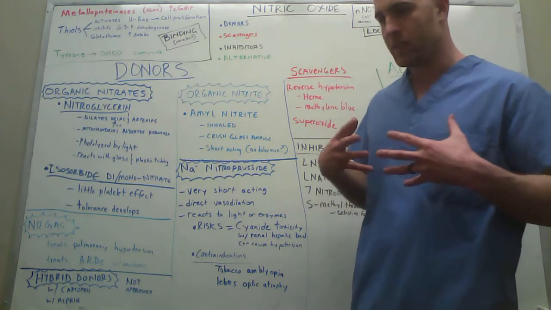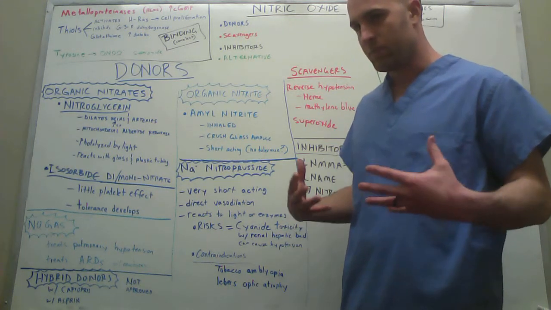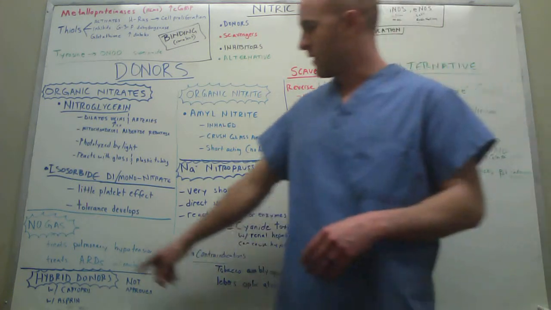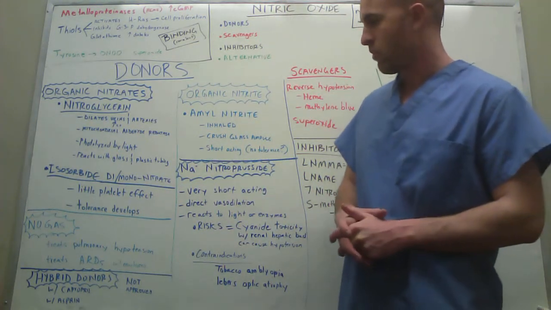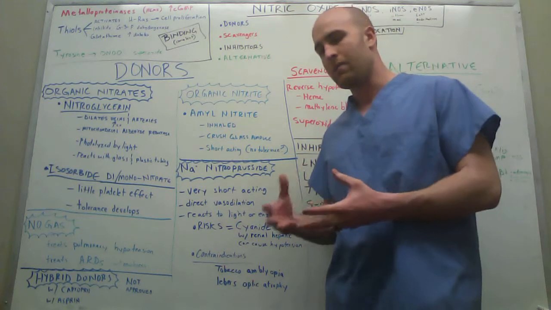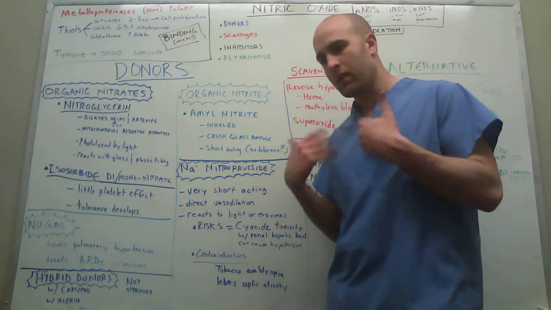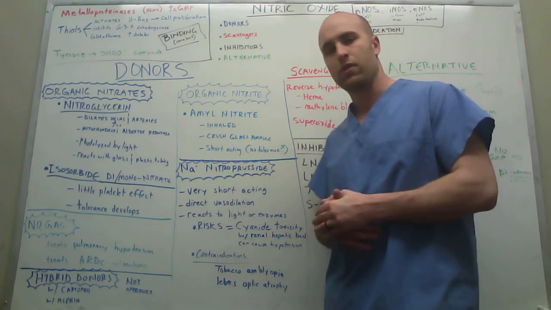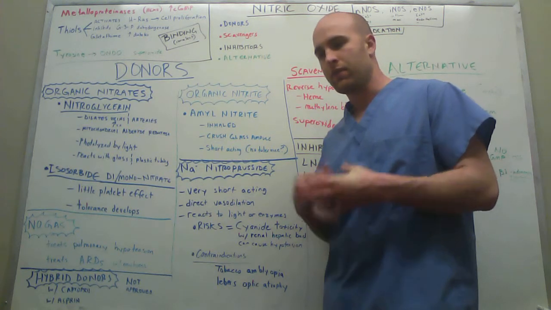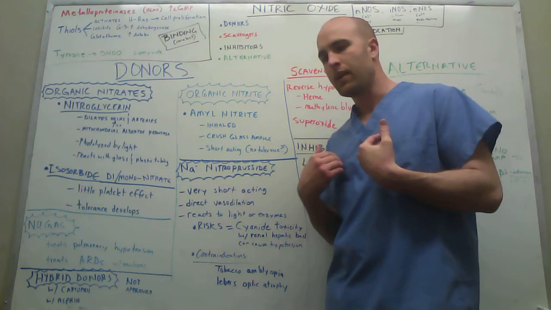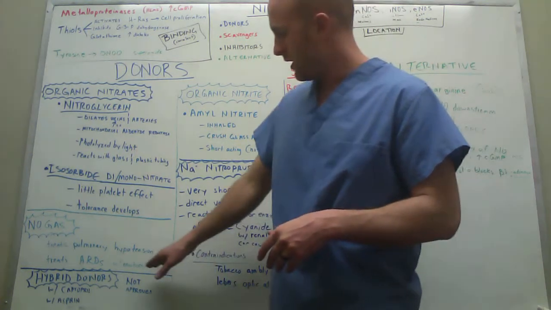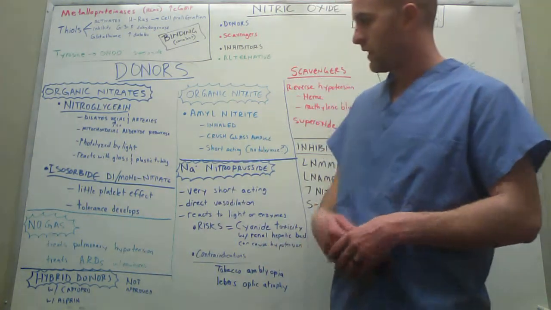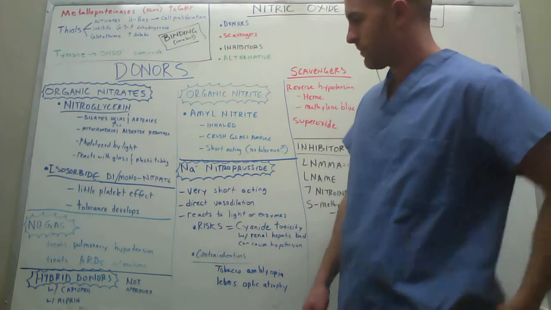The person's hypertensive, and it should relax it. I'm going to have to look back on that one. And then also it treats ARDS, acute respiratory distress syndrome, in newborns. So if there's a little baby that's born, and they're not able to breathe, maybe they're premature, and so they don't have enough of the lipid in there that's supposed to help them, then you can give them NO gas, and that can help them.